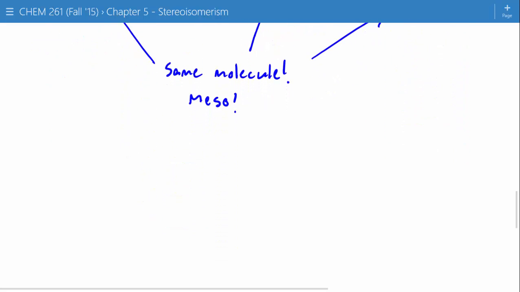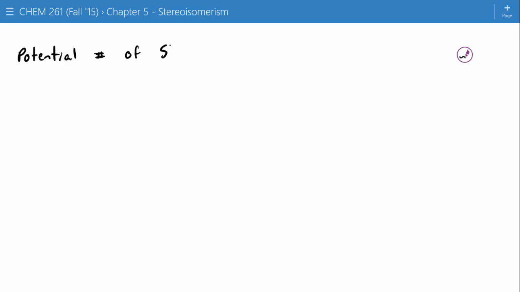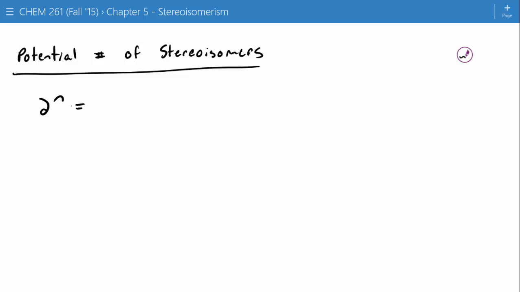So let's take a little bit of practice with this. But before I go on, I wanted to point out one point. There's an easy way to spot the potential number of stereoisomers. You go 2 to the n equals your number of stereoisomers.